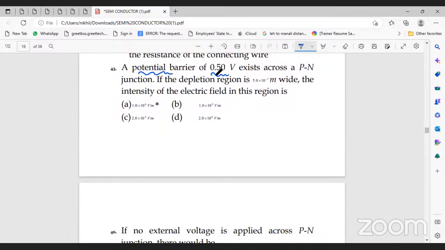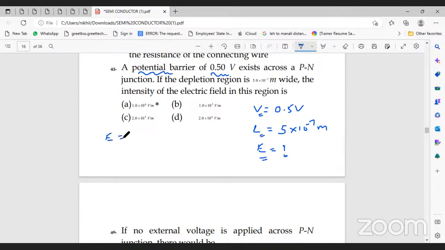Potential barrier of 0.50 volt. Potential barrier is 0.5 volt. Depletion region width is 5 into 10 power minus 7 meter. What is the intensity of the electric field? You know the relation between electric field, potential and distance.